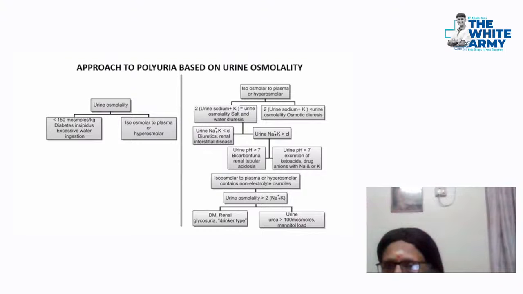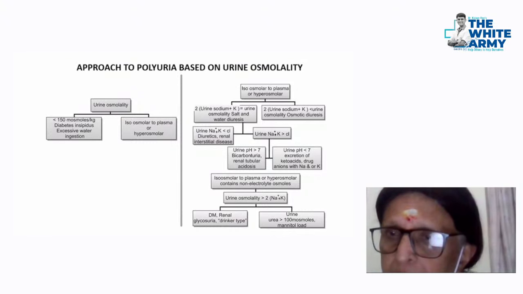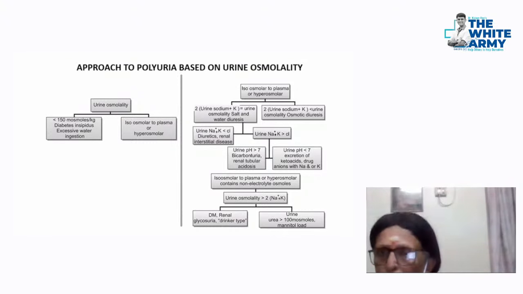On the other hand, if you measure urine sodium, potassium along with chloride, first you see the right side. If the urine sodium plus potassium into 2 is less than the urine osmolality, that means there is some other solute which is contributing to osmolality.